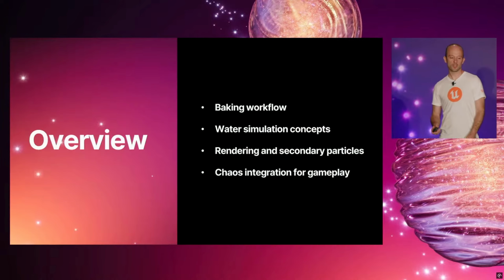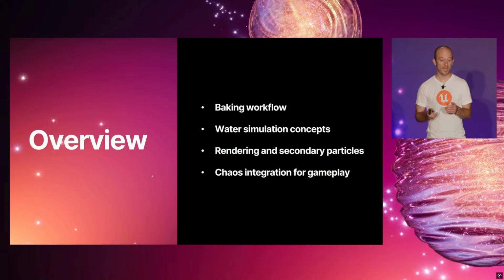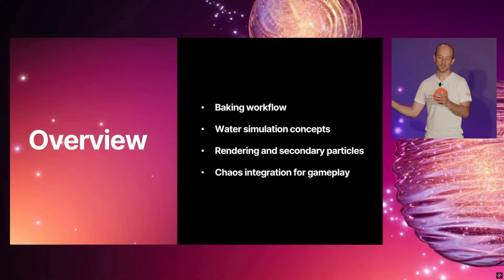Okay, so here's just kind of an overview of the talk. We're going to start by talking about that baking workflow and drive that by the Witcher 4 examples that we have. And we're going to go through the entire process of the baking. And then we're going to go on to the water simulation concepts. Just briefly, this is not the main part of this talk, but it's really helpful to understand how water simulation works for things like this in order to know the limitations and the advantages of a system like this.